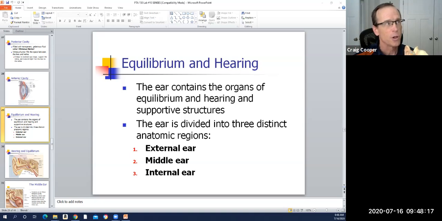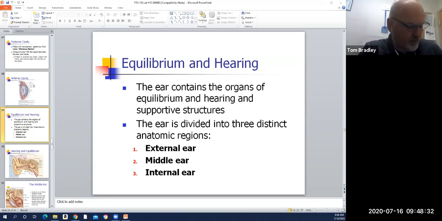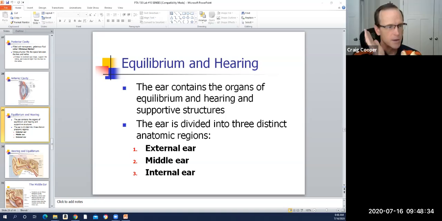Some will call it external auditory canal. Some will call it the external auditory meatus. A meatus is essentially a canal. So you'll hear some different terms. But the external ear includes basically everything up to the eardrum. Once we get to the eardrum and move to the other side, what's known as the tympanic membrane, then we get into the middle ear.